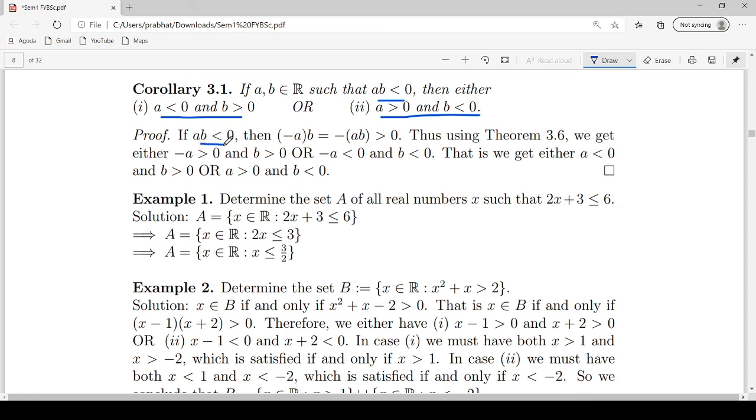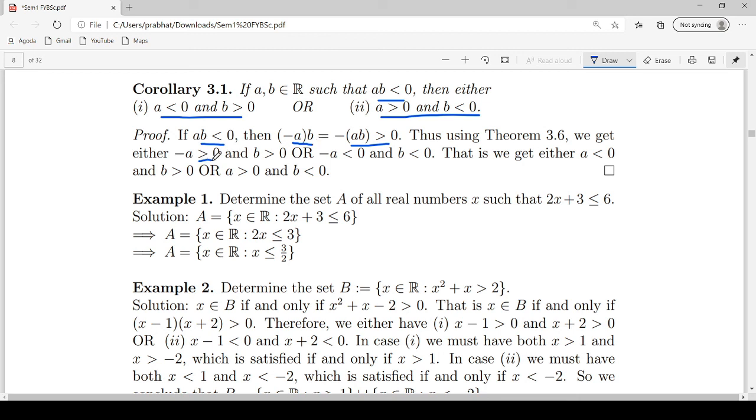We are given AB is less than 0, therefore minus of AB is greater than 0. But minus of AB I can write as minus A times B. So you have two real numbers, minus A and B, such that their product, minus A into B, is positive. So using the last theorem, you can say either minus A and B both are positive or minus A and B both are negative.